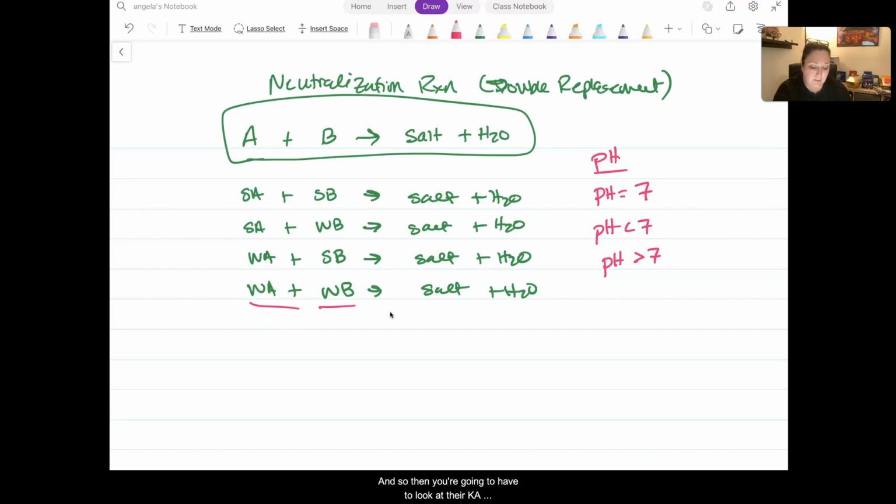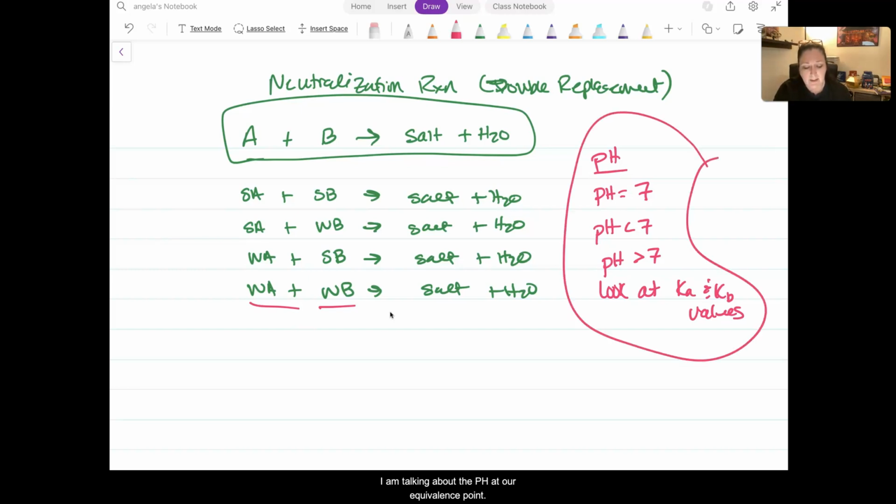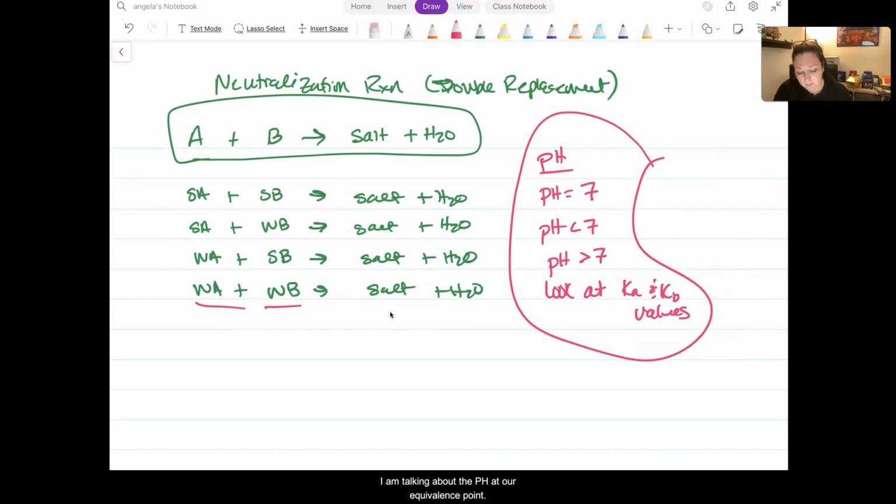And so then you're going to have to look at their Ka values and Kb values. It depends on how strong, because remember there's a big range. There could be all kinds of things. So whoever's the stronger of the two, either the acid or the base, that's where your pH is going to lie. Now, what pH am I talking about? I am talking about the pH at our equivalence point.